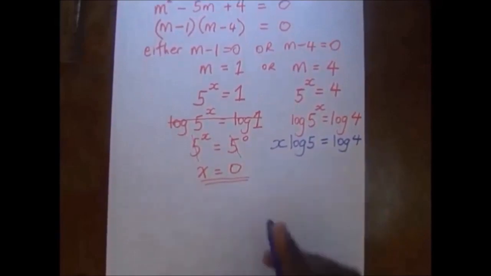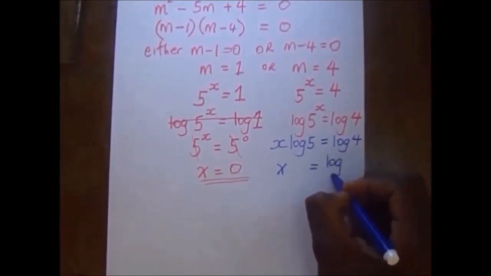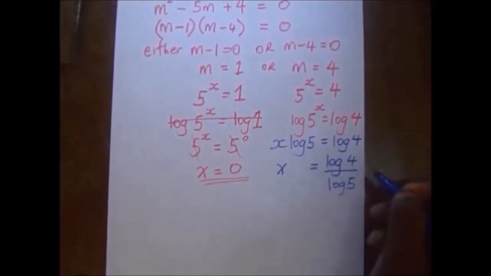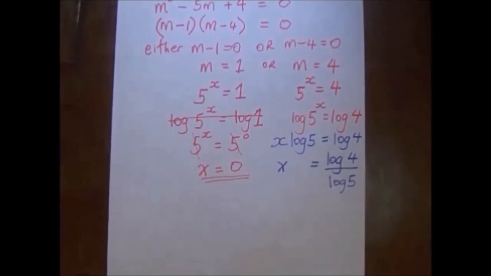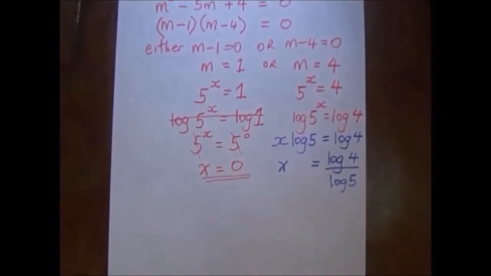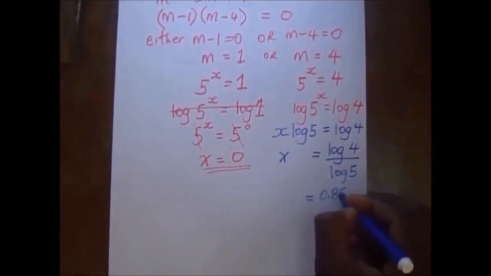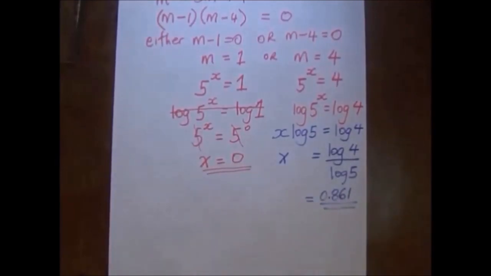So our value of x here will become the log of 4 over log 5. If you punch that into our calculator, log of 4 base 10 over log of 5 base 10 is going to give us 0.861. And that is our answer. So we shall go to part B of the question.